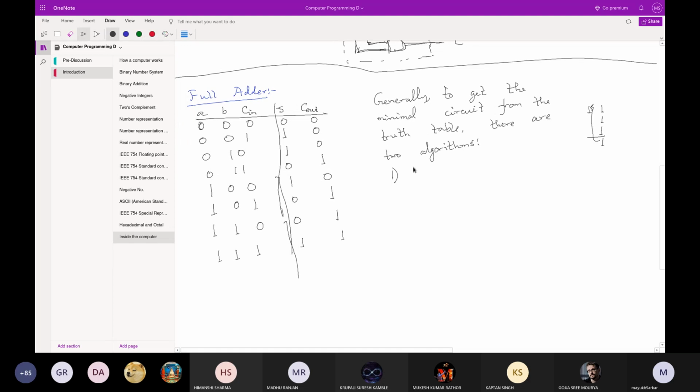First, Karnaugh map, and secondly, Quine-McCluskey method.